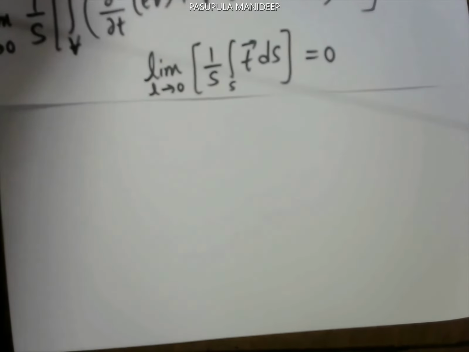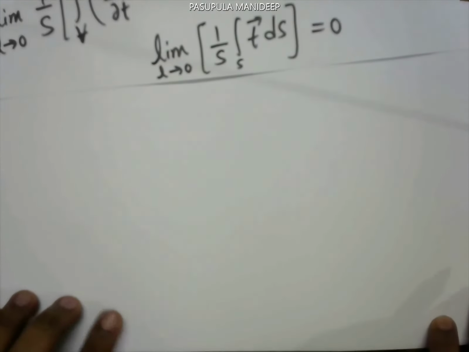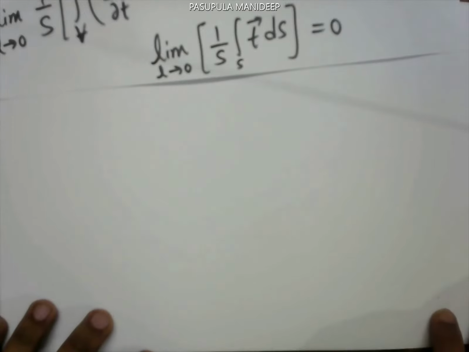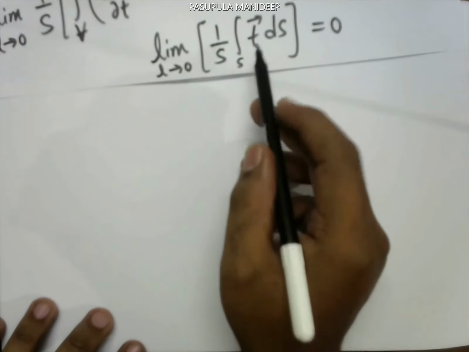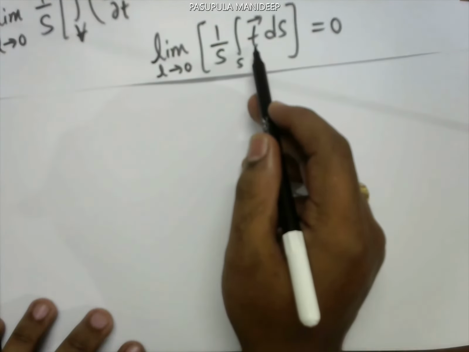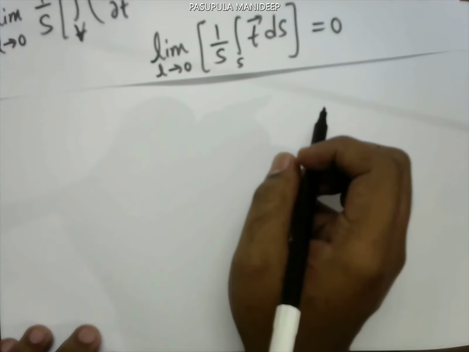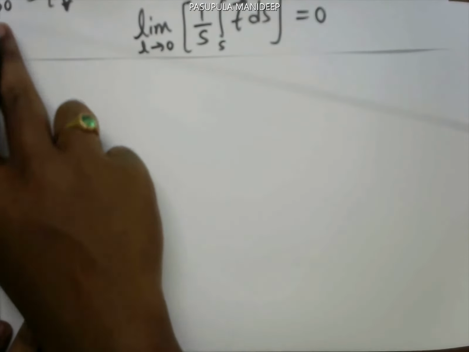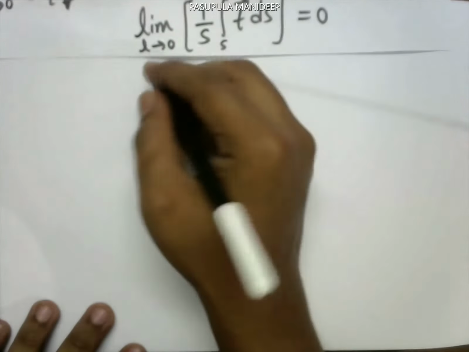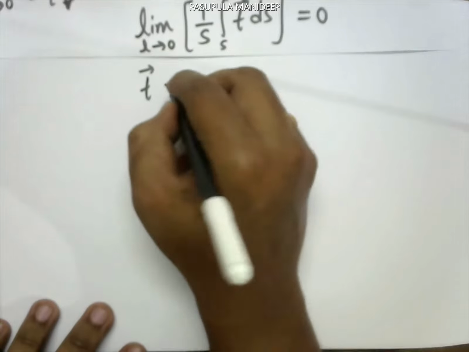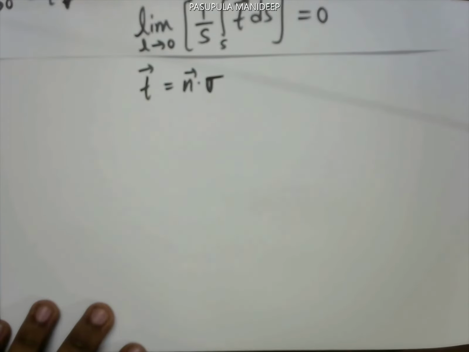Now by this statement, this implies that the stresses are in local equilibrium, right? This represents the stresses, so the stresses are in local equilibrium. From Cauchy's law, which we have already discussed, T bar equals n bar into sigma, where sigma is the stress tensor.